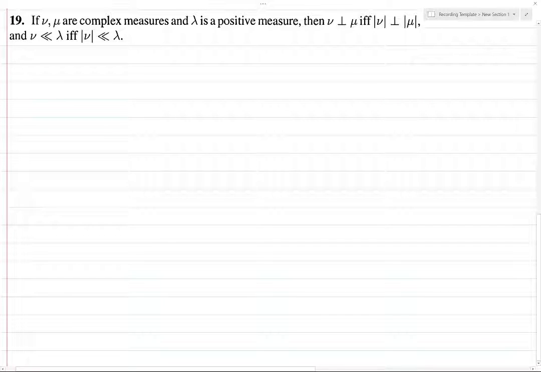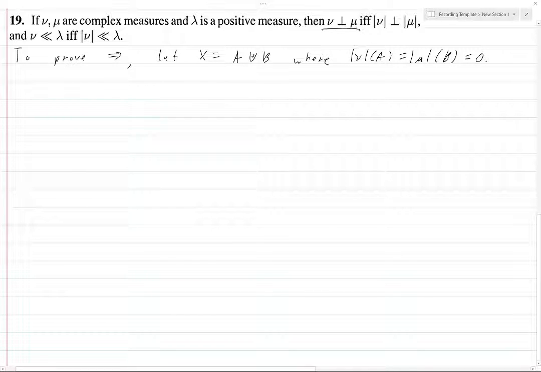And so first, let's see here. So we're going to say, to prove this direction, let X be the disjoint union of A and B, where nu of A is 0, as is mu of B. And this is because we're assuming that nu is mutually singular with respect to mu.